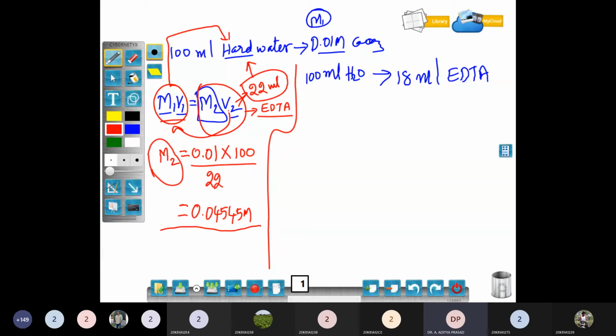We have already used M1 V1 is equal to M2 V2, right? So here let us use M2 V2 is equal to M3 V3. Let us consider M3 V3 for water, and M2 V2 for EDTA solution.